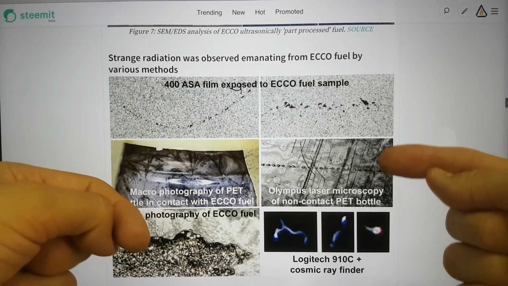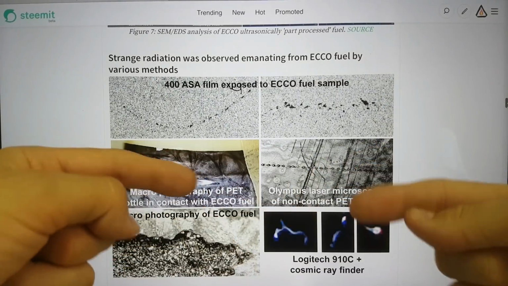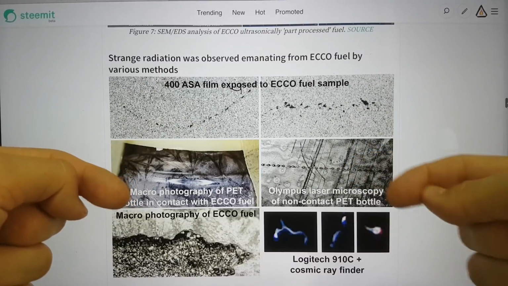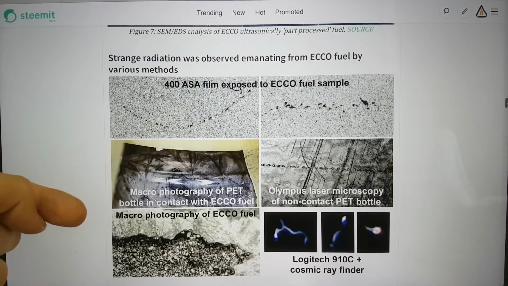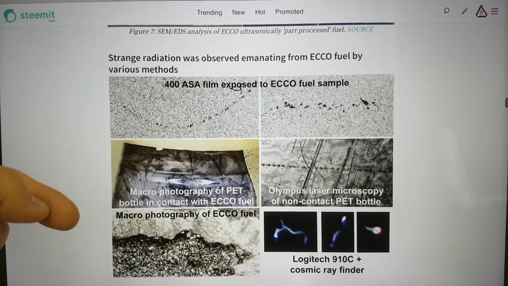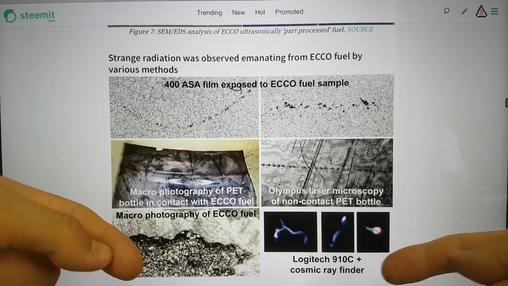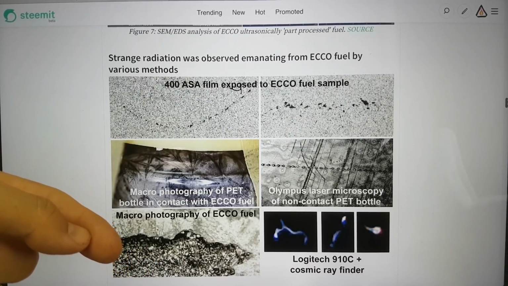This is a piece of PET plastic that was at a distance from this bottle that also was affected, and observed by laser microscopy. This was a Logitech 910C that was masked, and it was using a program called Cosmic Ray Finder.